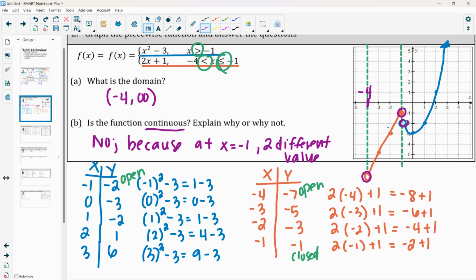Okay, they're at different heights. So you could say no, because there's a split in the graph at x equals -1. You could say there's jump discontinuity. So if we wanted to say because there's jump discontinuity at x equals -1, since there's 2 different height values, that's fine as well.